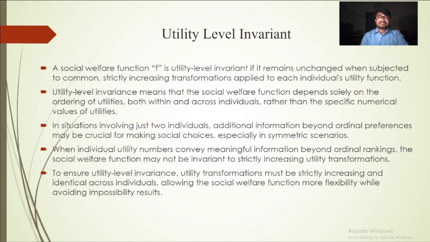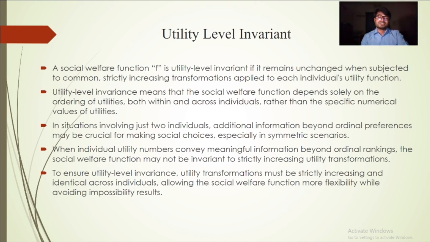So in the next slide, we can see utility level invariance, which says that a social welfare function is utility level invariant if it doesn't change despite adjustments to individuals' utility functions. It focuses solely on the order of preferences, not the specific numerical values.